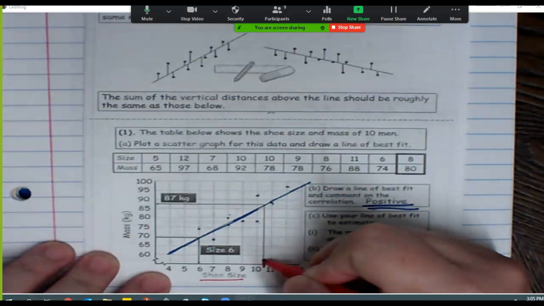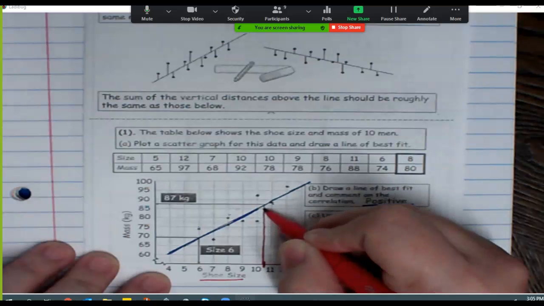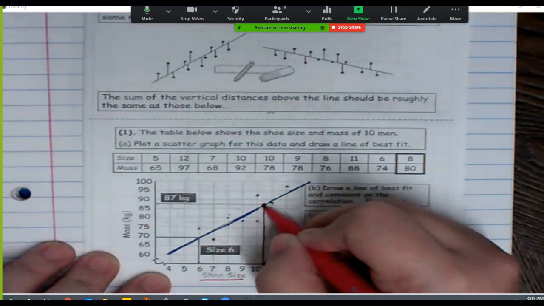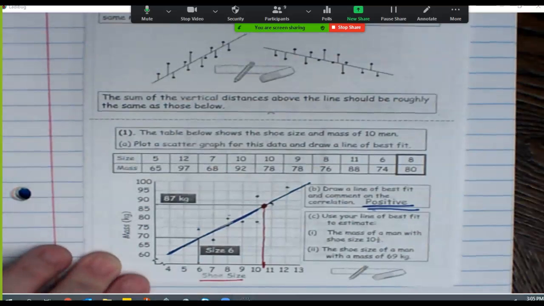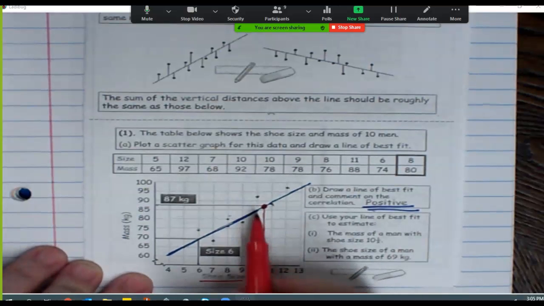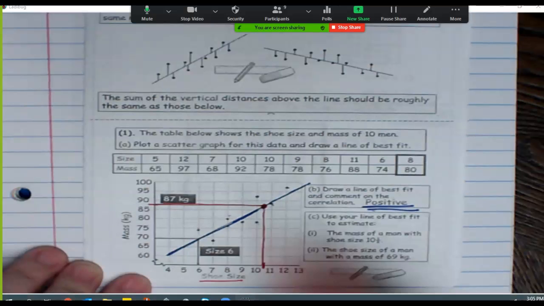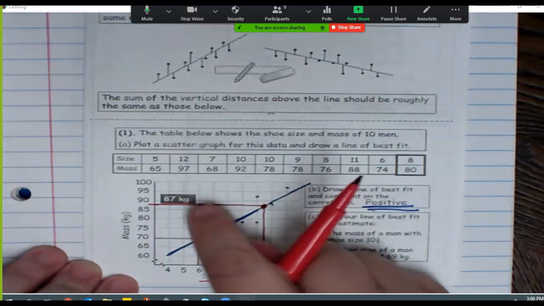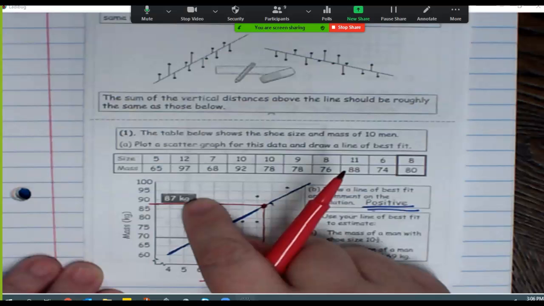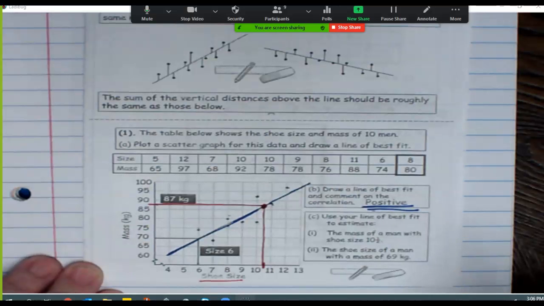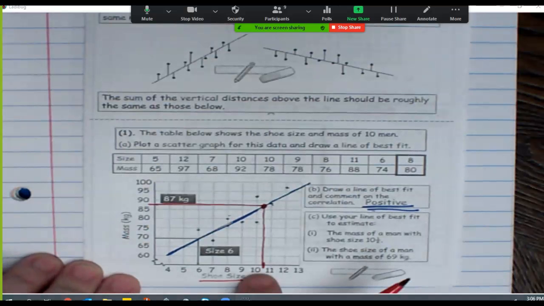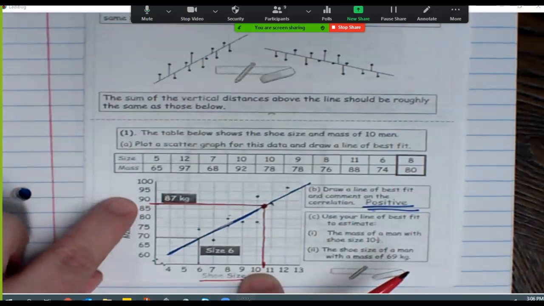So I'm going to follow this up. And if I were to plot a point on that trend line, what mass does that correlate to? Follow it over here to your mass. Between 85 and 90, they estimated it to be about 87 kilograms. So you could expect someone with a shoe size of 10 to weigh about 87 kilograms.